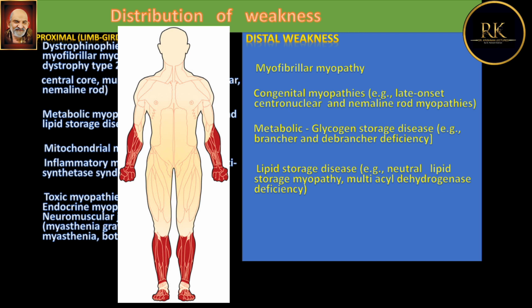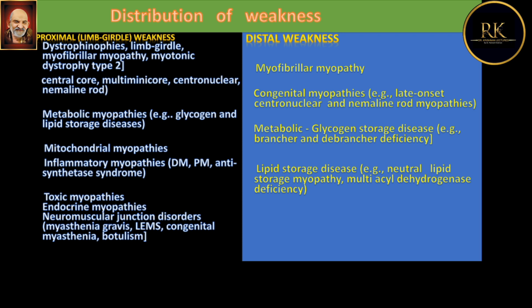Metabolic causes such as glycogen storage disorders like brancher and debrancher deficiency present with distal muscle weakness of the limbs. Lipid storage disorders with neutral lipid storage myopathies and multi-acyl-CoA dehydrogenase deficiency also present with distal muscle weakness of the limbs.